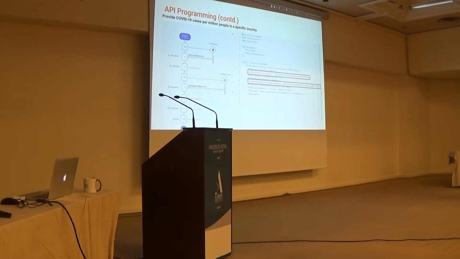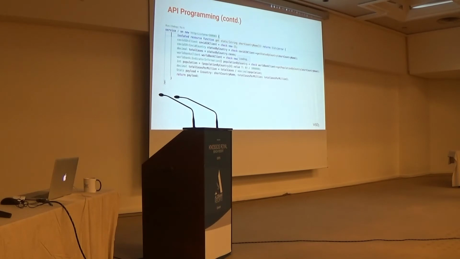So that is the second call that you do to get the population, and then you basically divide the total number of cases by the population, and then you compute the COVID-19 cases per million people in that particular country, and then you return the result to the caller. Right. So this is the code.